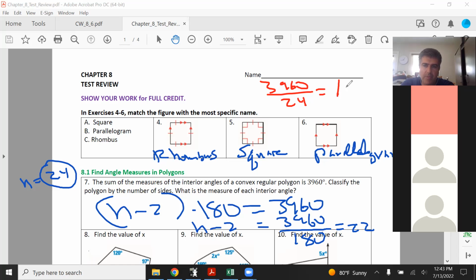So each angle is 165 degrees. But remember, n minus 2 equals 22, right? That's why n was 24.